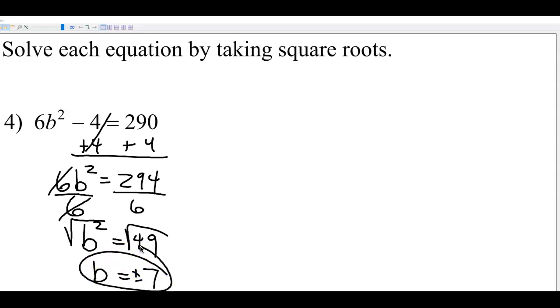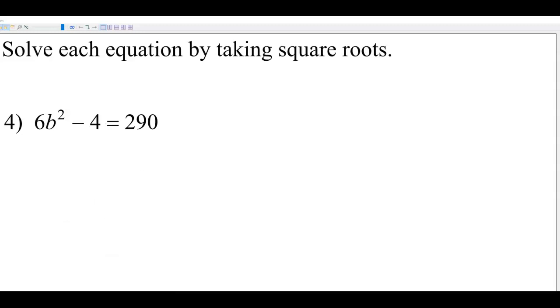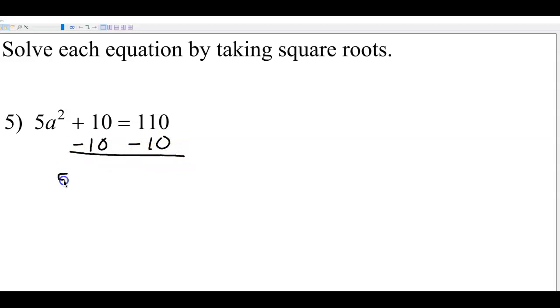Okay. We're gonna look at another one now. And although I still think this is easier than the quadratic formula, this one is a little bit uglier to deal with. Okay. So let's go ahead and work this. So as you guys know, we're going to start by subtracting. I'll wait for you to catch up with me.